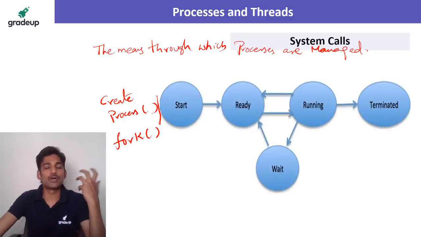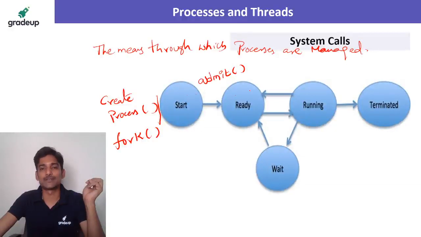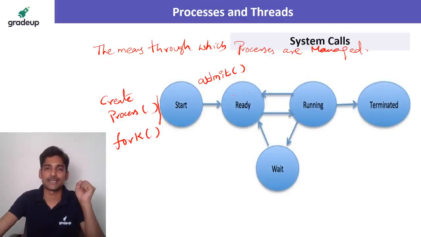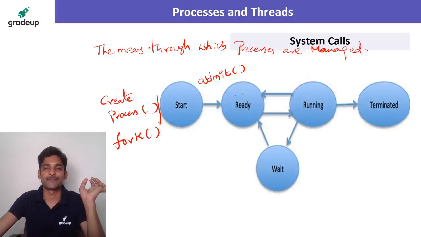And for any born process to switch from start state to ready state, the system call would be admit. So if you say admit of P1, P1 is loaded into ready state when loaded into main memory. So it is admitted into main memory.